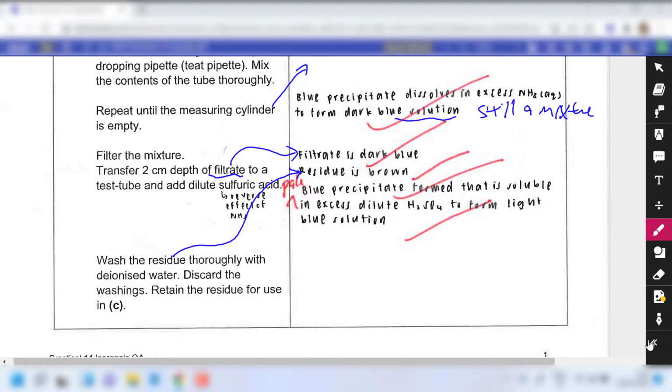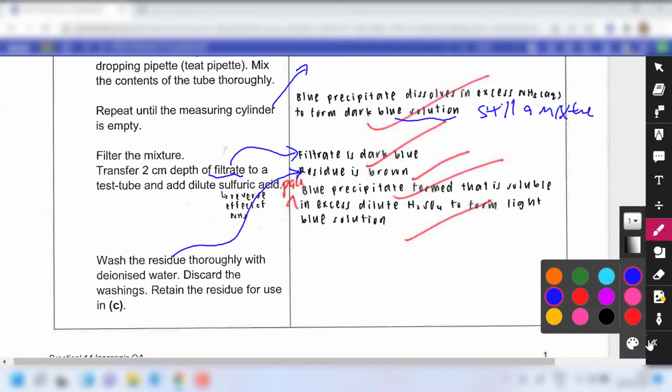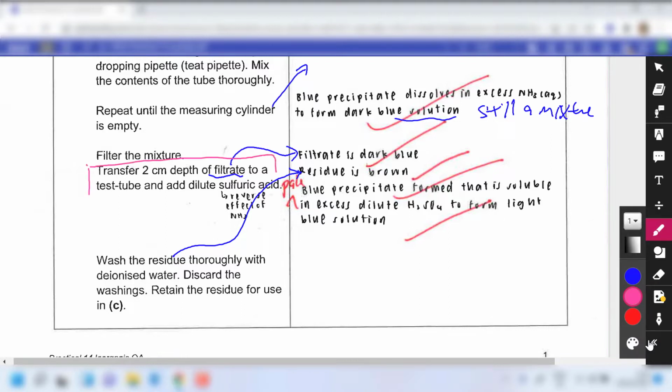Now moving on to this particular portion, let me box it up. To 2 cubic centimeters of the filtrate, you add dilute sulfuric acid. That is the part where I told you to add it very slowly and very carefully. From there, you observe a pale blue precipitate.